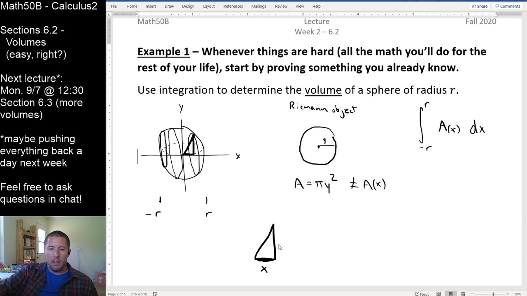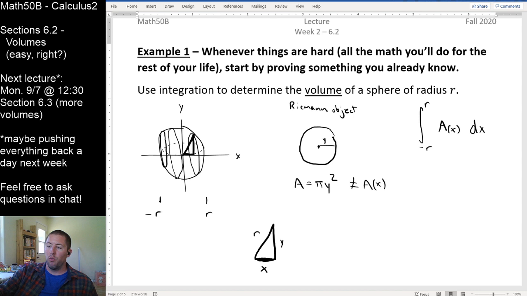This is however far up or down we've gone for that particular cross section, that's our y. This diagonal right here is actually the one stick that's truly the radius of our sphere, right? This goes from the center of the sphere to the edge of the sphere. This is actually r.